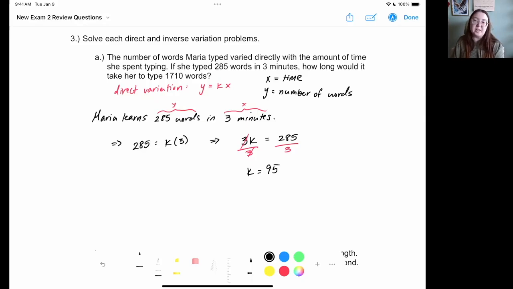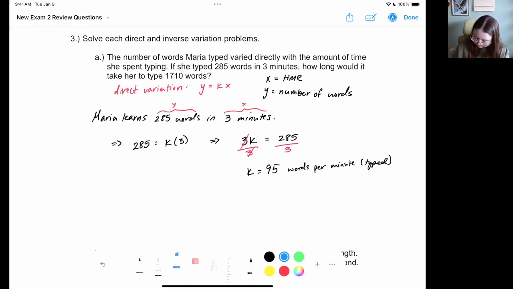So this is the rate at which she's typing words. She's typing about 95 words per minute, which is very good. So now we know the value of k.